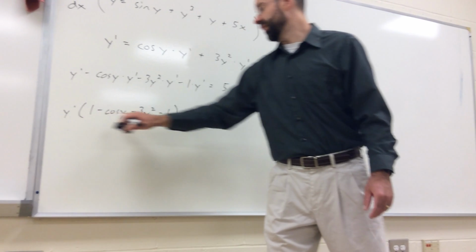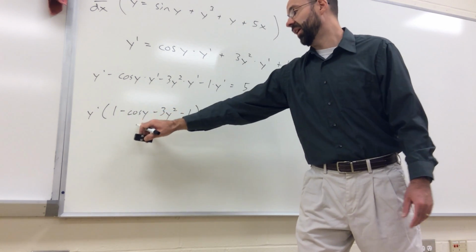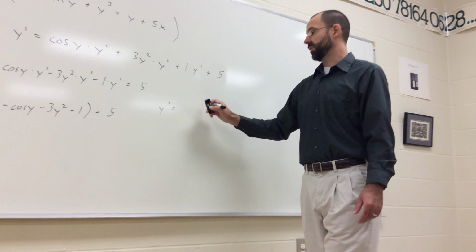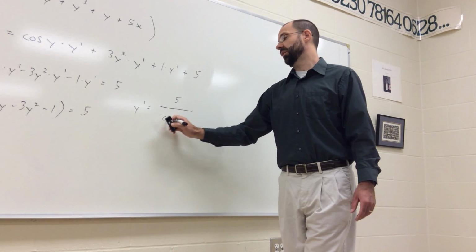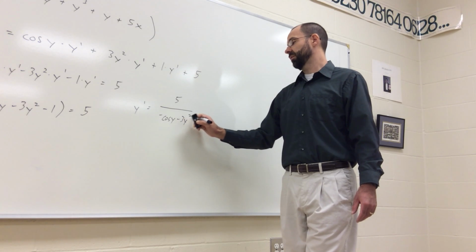And then this 1 minus 1 combines to be 0. And then I can divide that over. So final answer is y prime equals 5 divided by negative cosine y minus 3y squared.